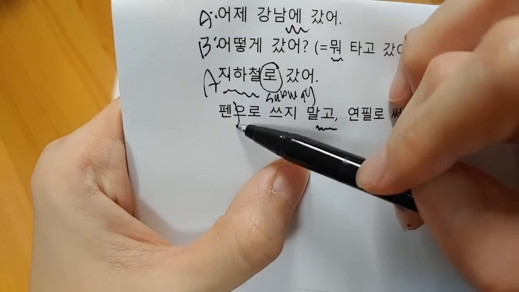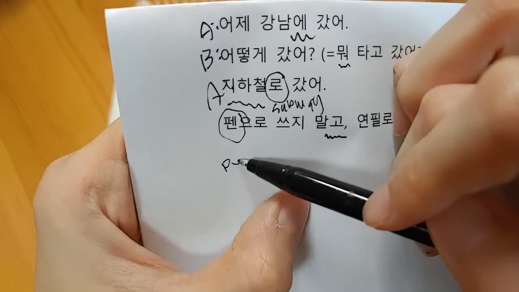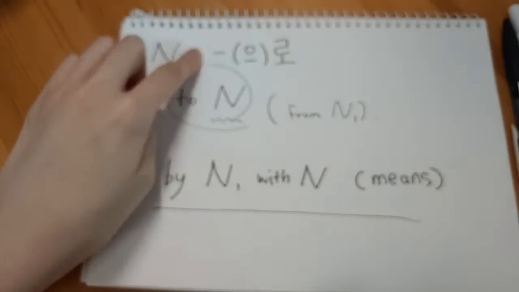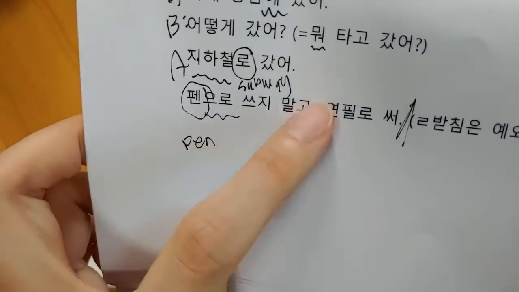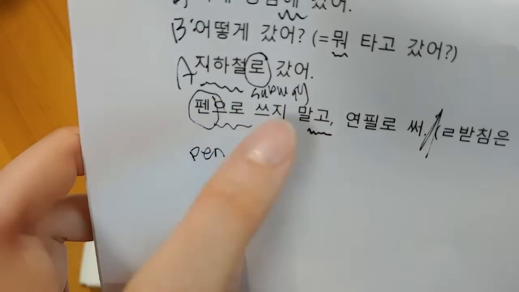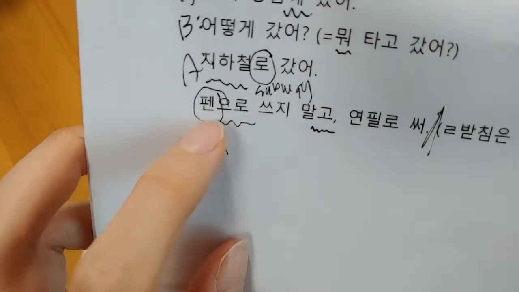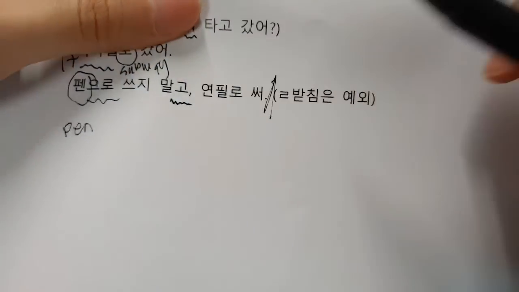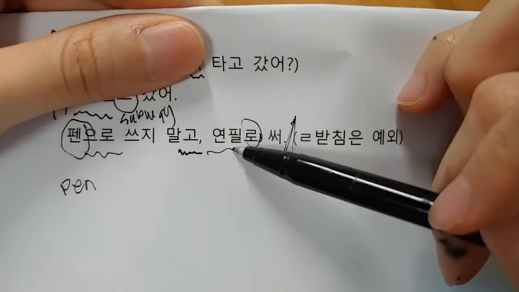So 펜 here means a pen. So 으로 here is a particle that means means. So 쓰지 말고 means don't write and. So don't write it with a pen and write it with a pencil.